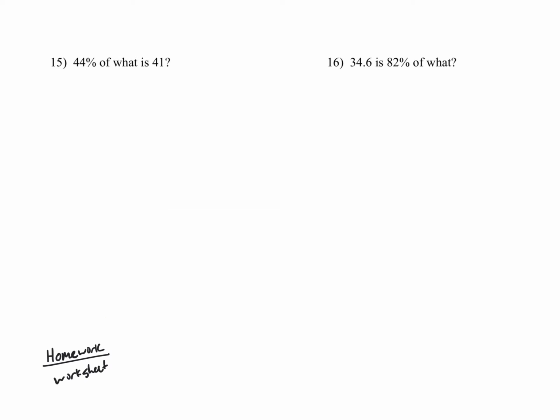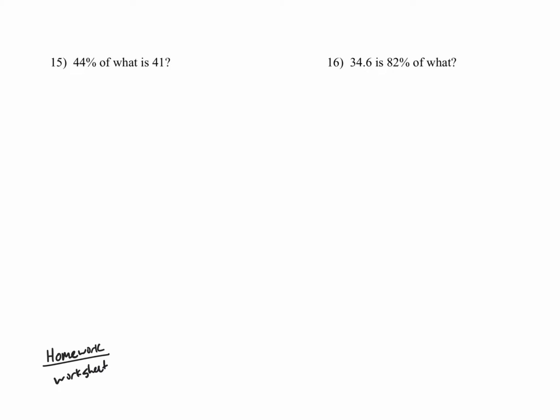Okay, two more, and then you can go on to your homework. So it says 45% of what is 41. So notice now we have the percent, but it's saying 45% of what number. So they're telling us the part, and we're looking for the whole.